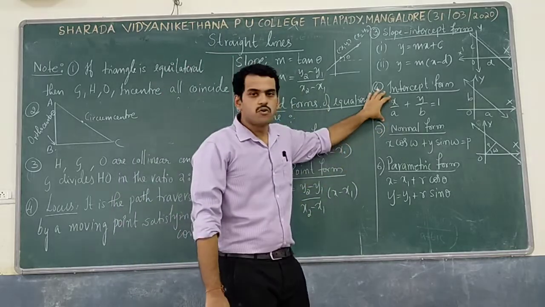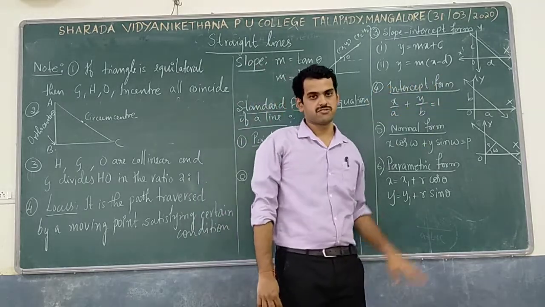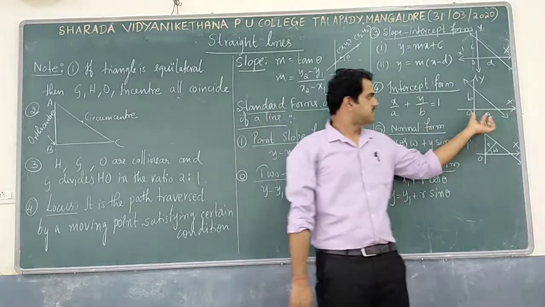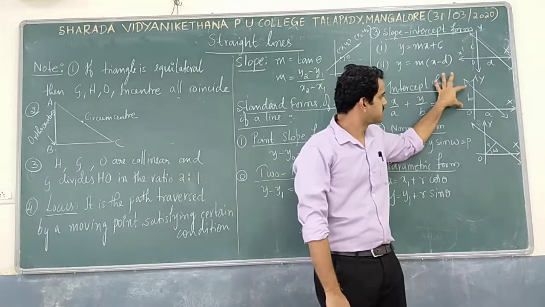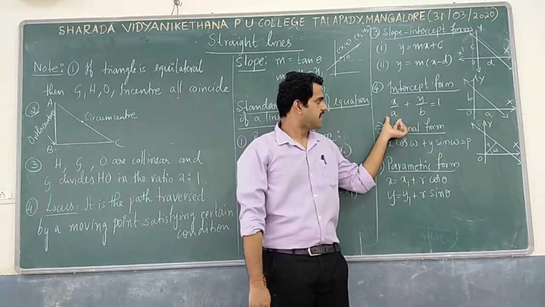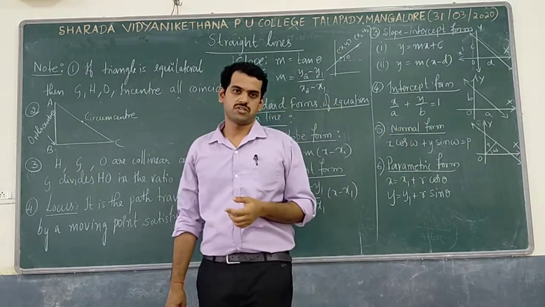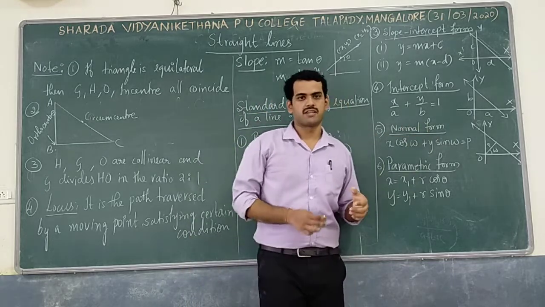Now, the next most important form is the intercept form of equation of a line. For a given line, if we know the x-intercept, suppose it is a, and the y-intercept, suppose it is equal to b, then the equation is given by x by a plus y by b equal to 1. Coming to the fifth form, that is the normal form of equation of the line.